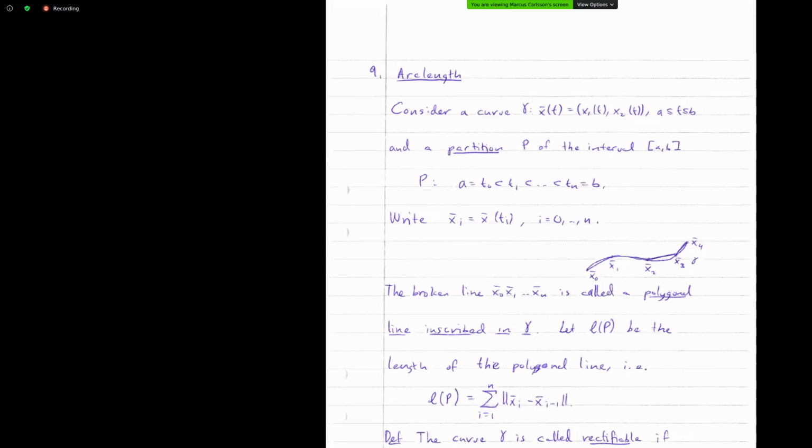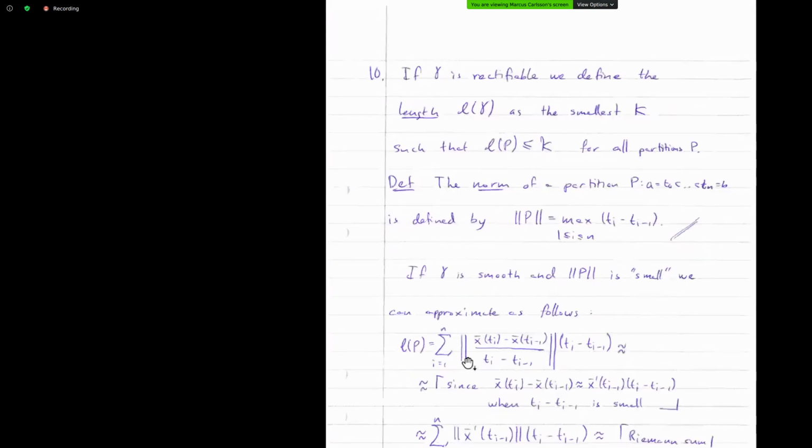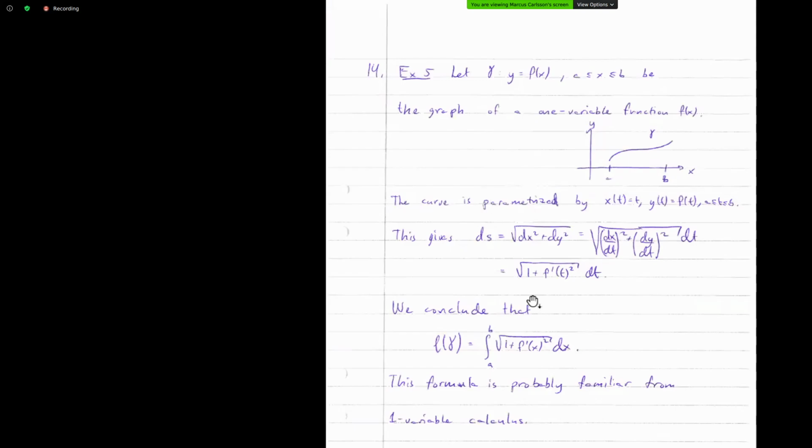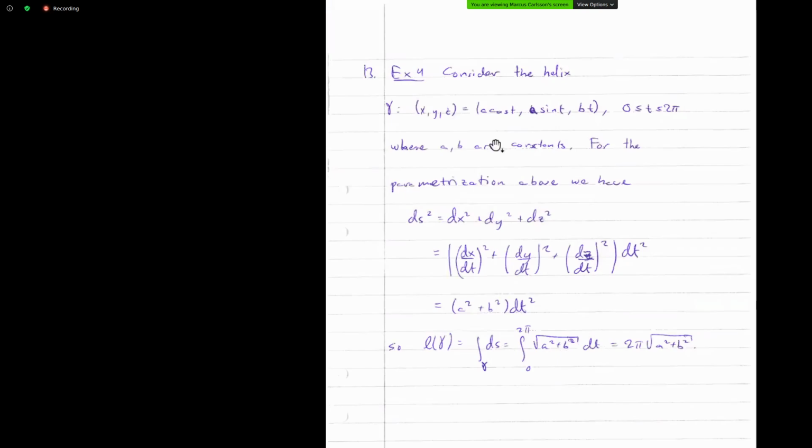Actually, from now on, I will just be talking. I will introduce what's written on pages 9 and 10 to make this intuitive. Then theorem 2 says that the length is given by the formula I already gave you, and on page 14, you have the other formula I gave you. Beyond that, he does some yada yada with this ds, which is a bit of a fishy concept. I want to explain that in more detail next time, because next time is a more relaxed lecture, and it continues here.